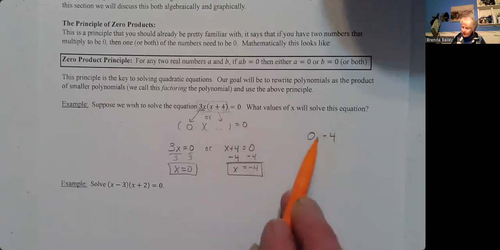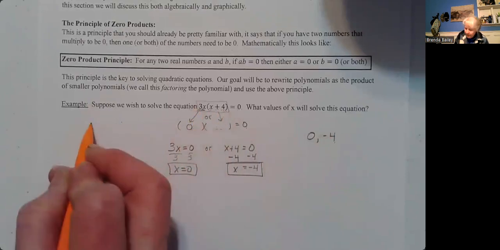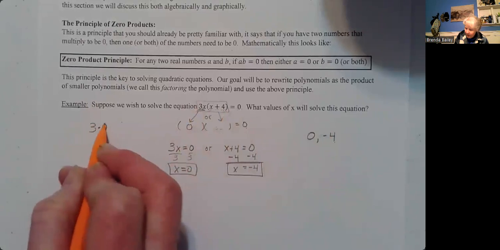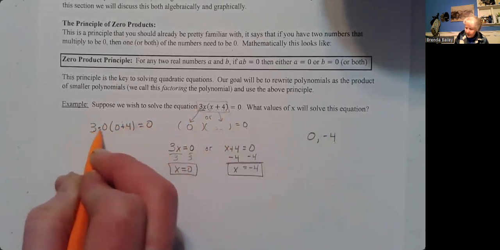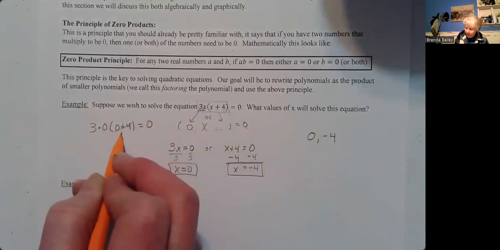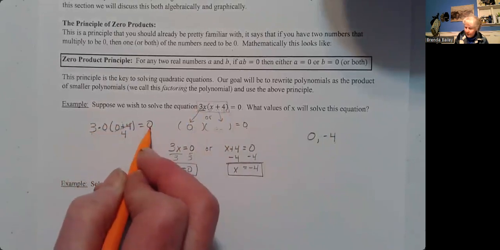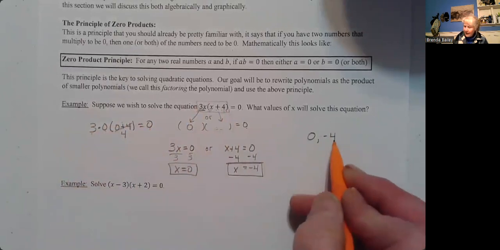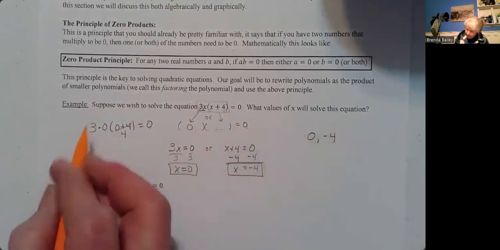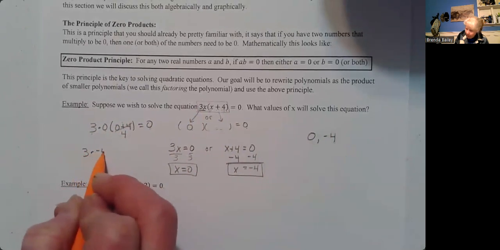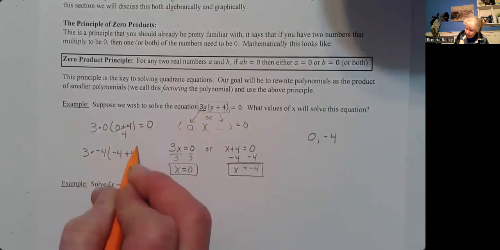So if you were to put 0 in for your x's, you'd have 3 times 0 times 4, which is 0. Or if the x's are all -4, we have 3 times -4 times (-4 plus 4).